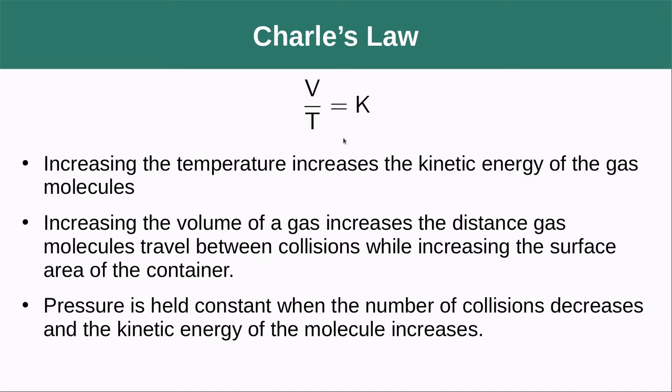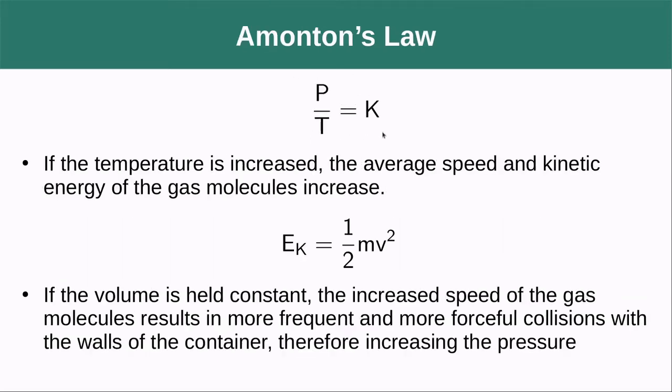So if we're making the container larger and larger, then we're going to need more kinetic energy so that every one of the collisions that still happens adds up to the same amount of pressure, if we want the pressure to be constant in this scenario. And that is consistent with our first equation here.